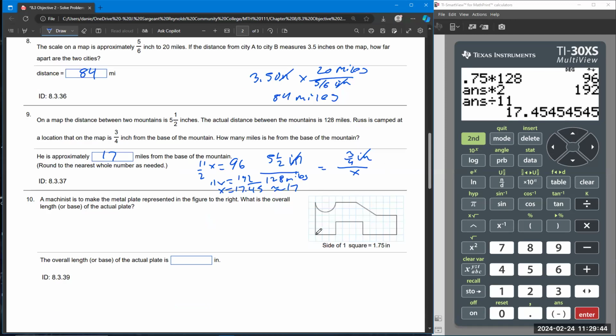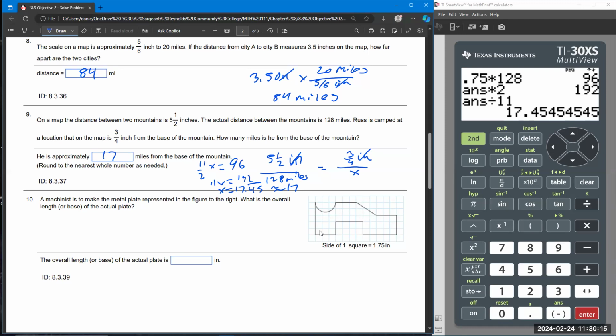A machinist is to make the metal plate represented in the figure to the right. What is the overall length or base of the actual plate? So one side of the square is 1.75 inches, and so he needs a length or base of the plate that's 1, 2, 3, 4, 5, 6, 7, 8, 9, 10, 11.